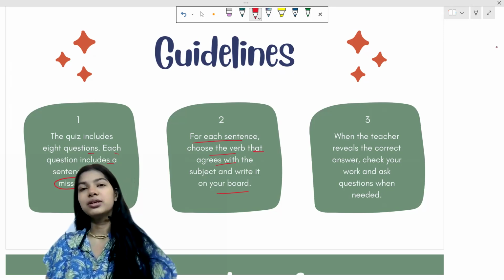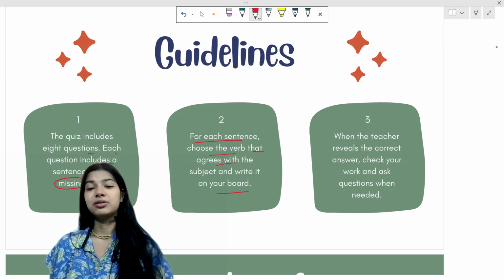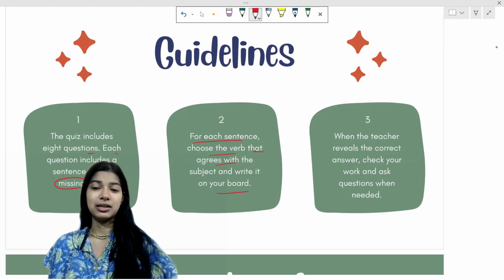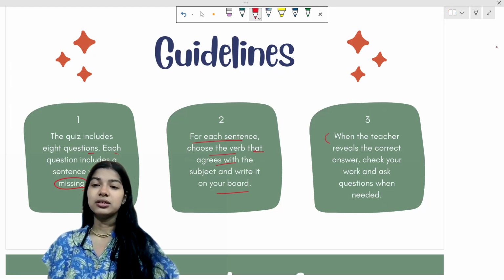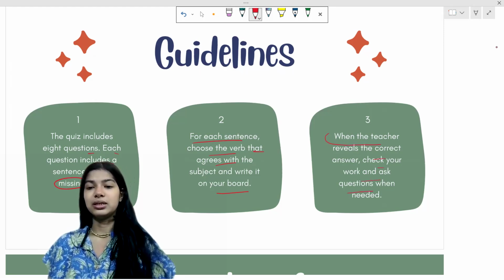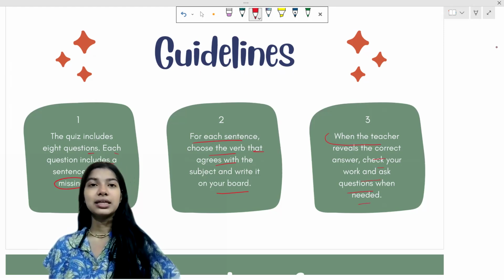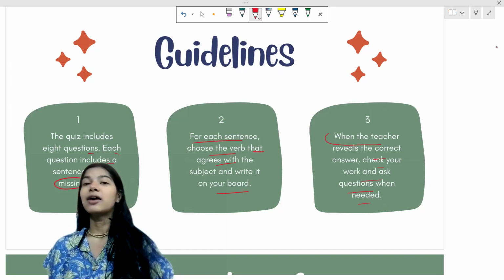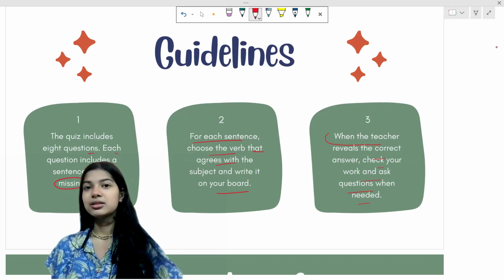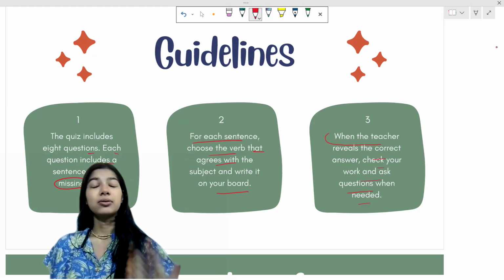Be very mindful that subject verb agreement is followed. When the teacher reveals the correct answer, check your work and ask questions when needed. Before I reveal the answers, think about the answer in your mind.